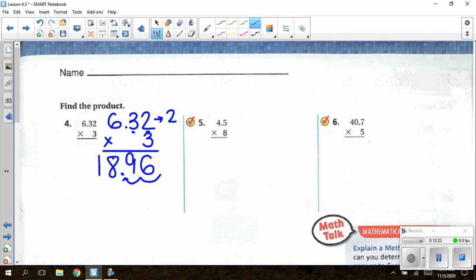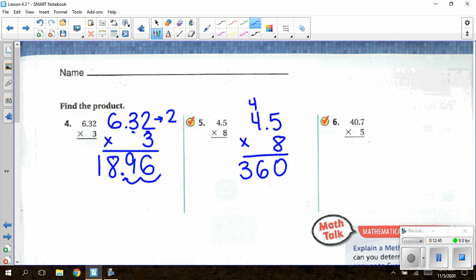For number 5, again, rewriting it to make it a little larger for me, I have 4 5/10 times 8. Multiplying the 8 out, I have 8 times 5, which is 40. Carry my 4. 8 times 4 is 32, and then 32 plus 4 is 36.